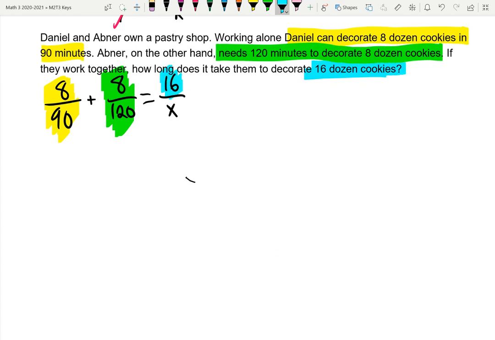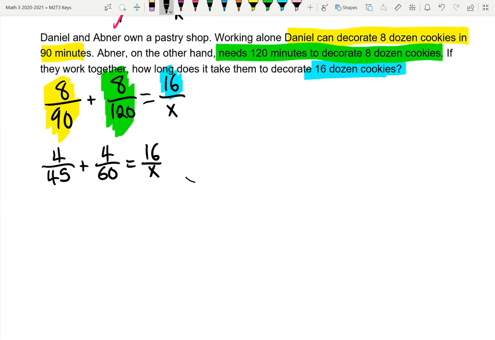Now, when you see numbers that can be reduced, depending on your vision and your perception, you can preemptively reduce some of these fractions to make the numbers smaller. For example, both of the fractions on the left, I see an even over an even, so I'm going to divide them both by 2. I'm going to get 4 over 45 plus 4 over 60 equals 16 over x.